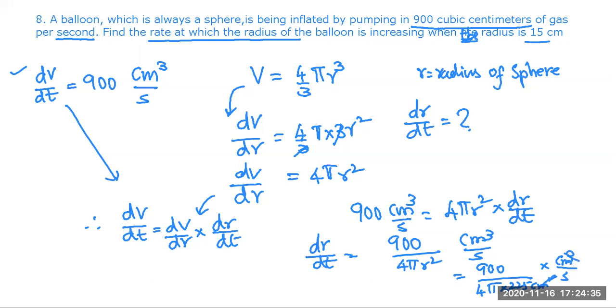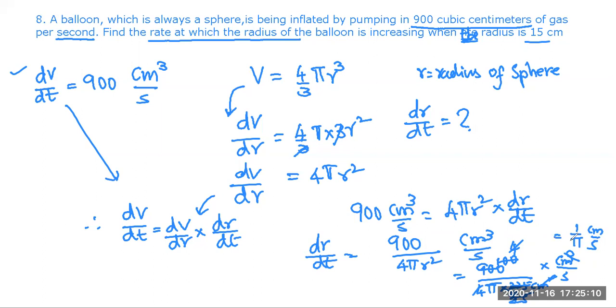Now pi is there, 225 is there. So 225 is 25 nines, so let's take 9 and 25. This one is 900. Then 100, 25, 4. So this 4 gets cancelled. So the answer is 1 by 5. So you will have 1 by 5 centimeter per second. That's the answer.